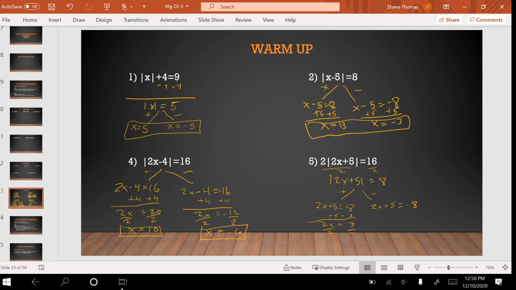Divide both sides by 2. 1.5 or 3 halves, either one. Okay. Next side, subtract a 5. So 2x is going to be, what's negative 8 and negative 5? Negative 13. Divide both sides by 2. X is negative 6.5. Yep.